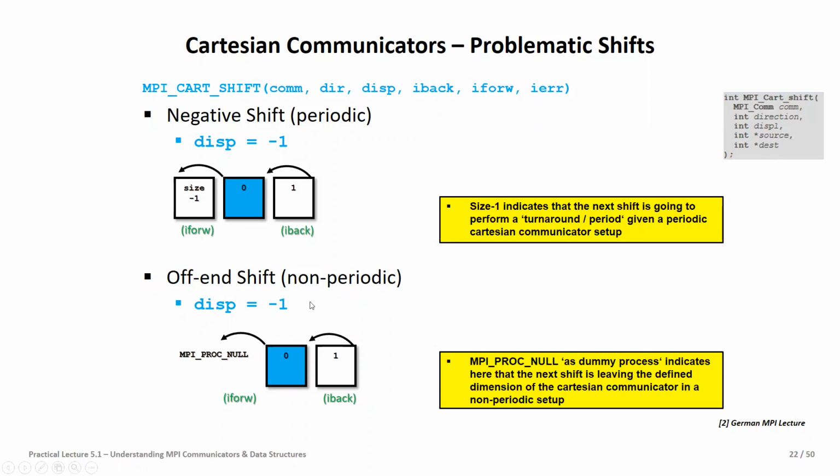But when you have the non-periodic way, you will end at the ocean, so to speak. You fall off the edge, right? There is a specific element called MPI_PROC_NULL that you can always use as a kind of dummy process that says that the next shift is essentially going out of the dimension of the Cartesian grid if you have really a non-periodic setup.